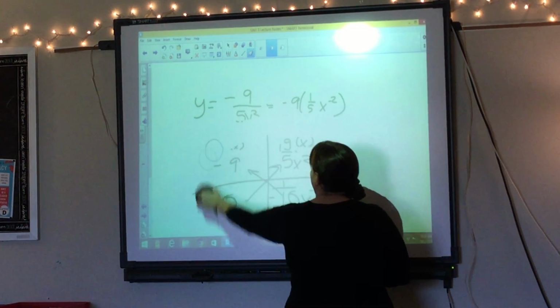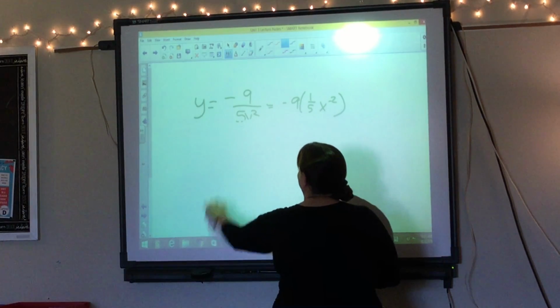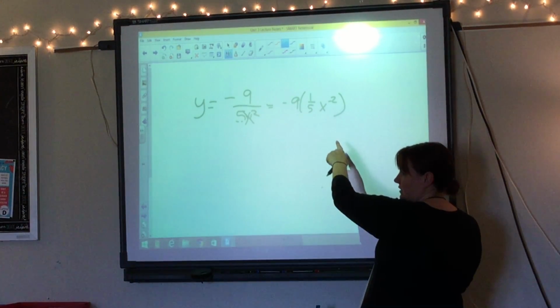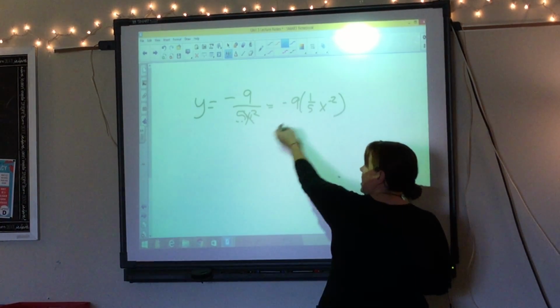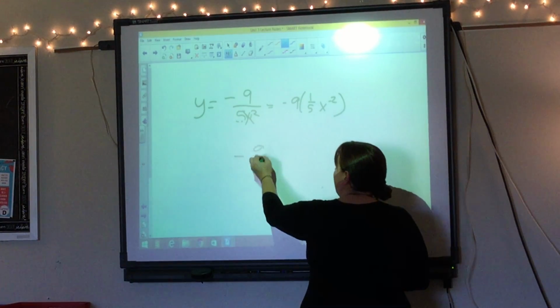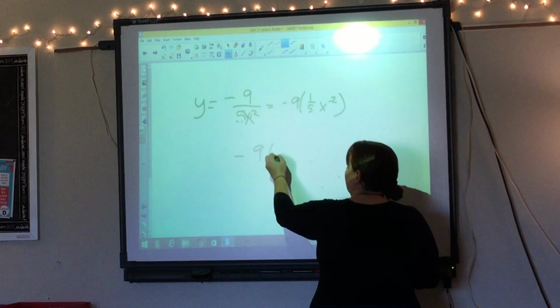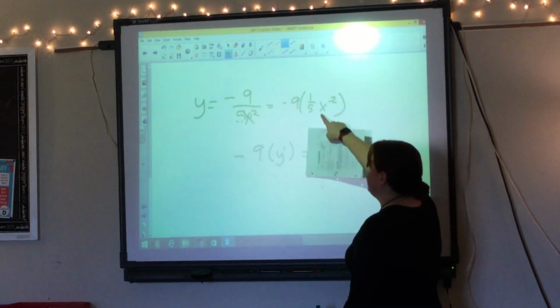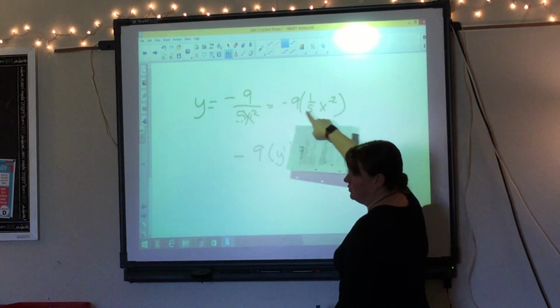Not 5x, sorry, that's 1/5. This is what happens when I do quick and dirty proofs. Okay, there we go. So that's really just that. We know when we multiply a function by a constant, we just take the constant out and then multiply by y prime. So all I have to do is find the derivative of this, multiplied by negative 9.